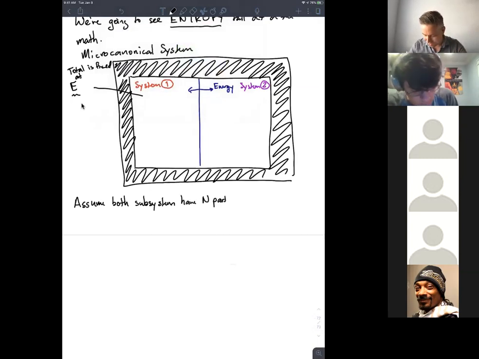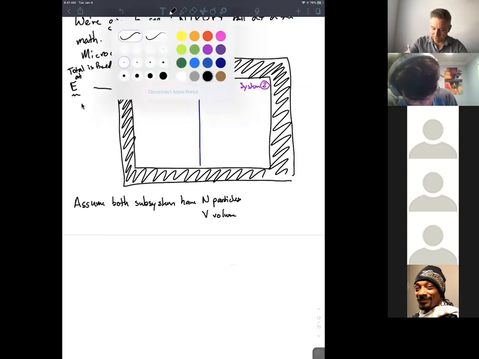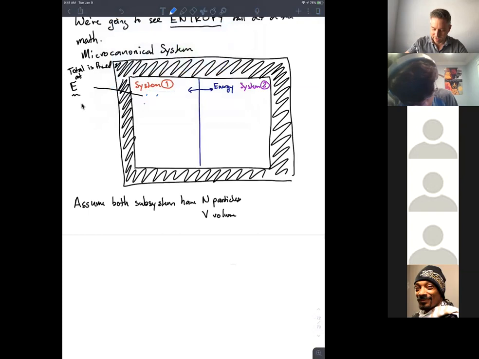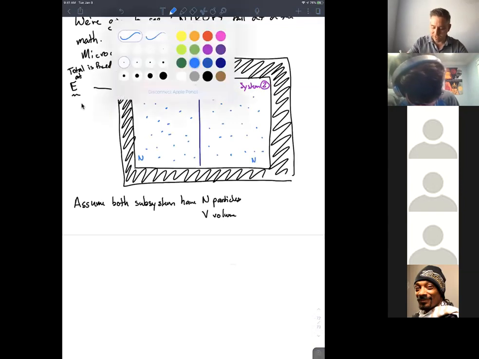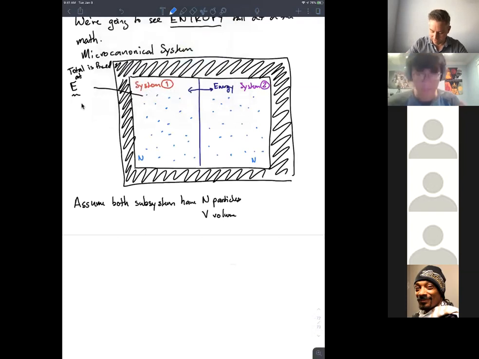So they both have N particles and the same volume, V. In other words, into both of these boxes we are going to stick a gas, with N molecules over here and N molecules over here, and the same volume V. The only thing they can swap between them is energy.